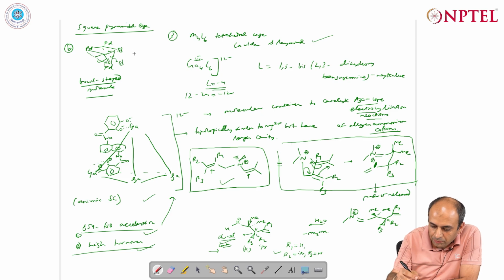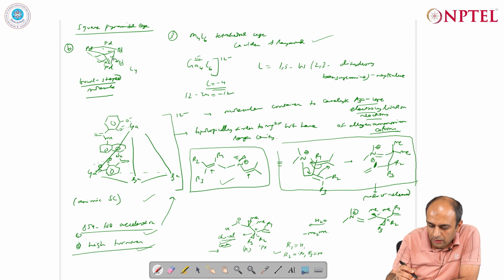The corresponding square pyramidal cage has the corresponding L4 ligands again at the 1, 2, 3, 4 faces. We have the palladium centers at this particular vertex 1, 2, 3, 4, and then there is one palladium center for this particular face, and then another palladium center for this particular face.